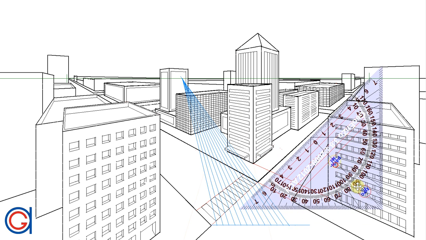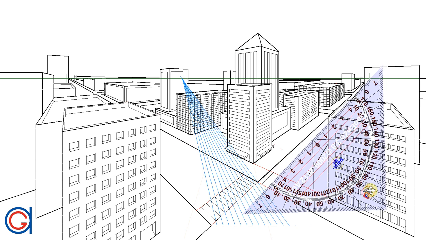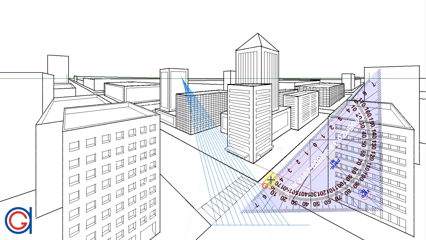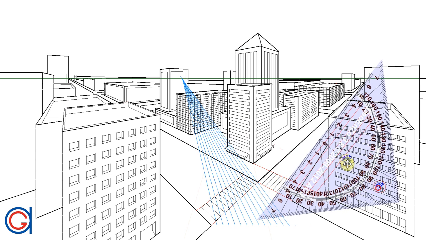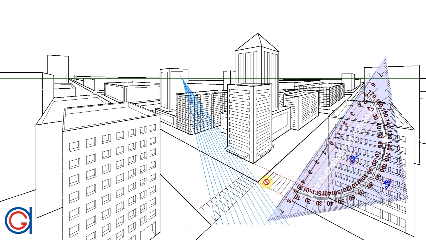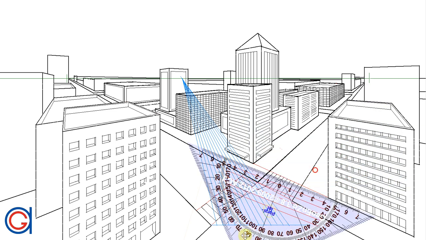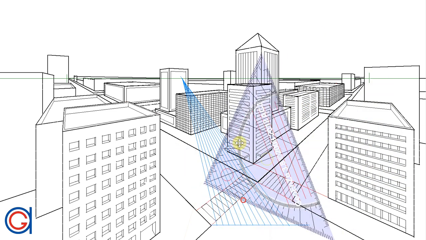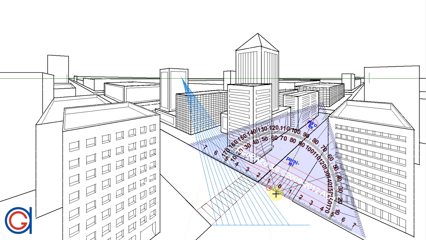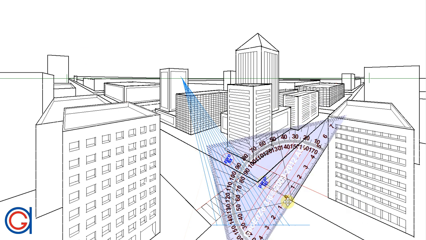So now we're going to continue. We repeat the process, but this time using the right vanishing point to make our divisions. And we outline our zebra crossing using a darker pencil.